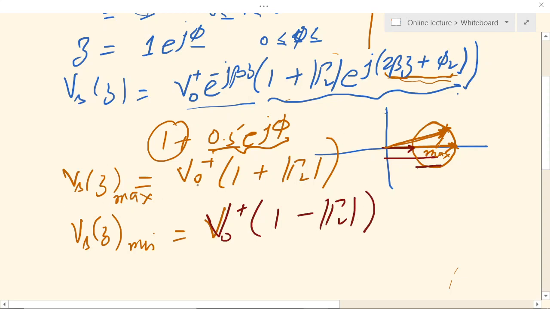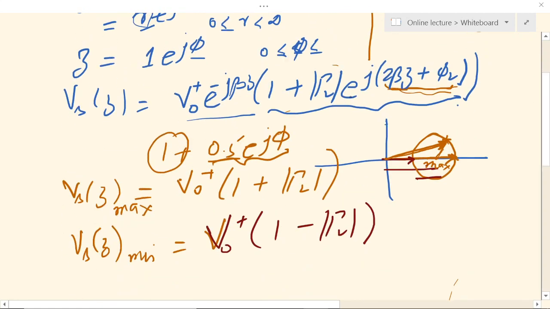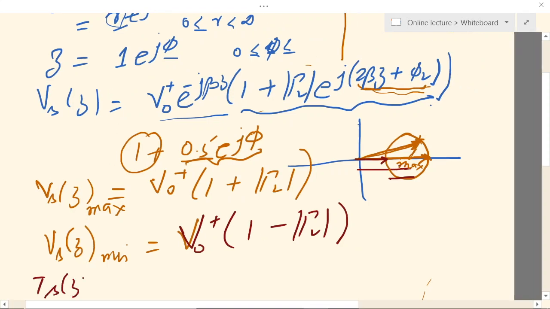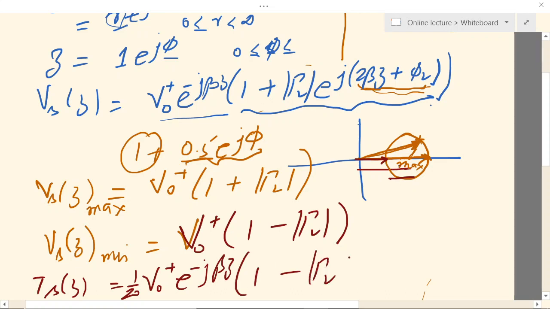Similarly, at the point where V as Z is maximum, the I as Z is given by only the difference, 1 over Z naught times 1 minus gamma L e to the power minus j 2 beta Z plus phi L. So at this location, when this phase becomes 0, at that value of Z, this will become the minimum value.